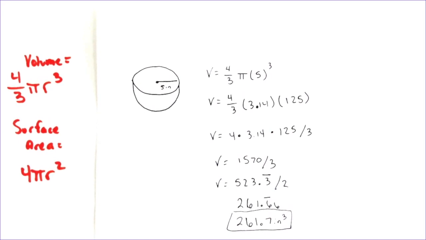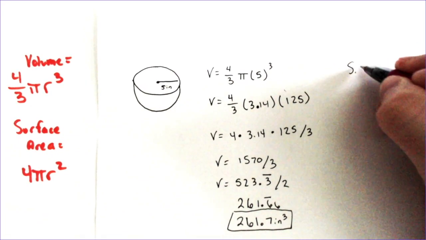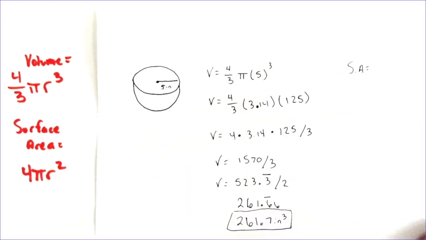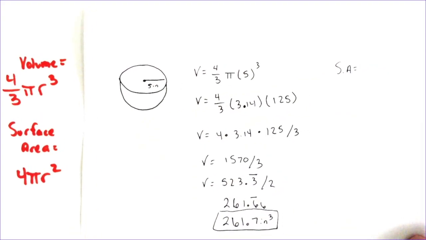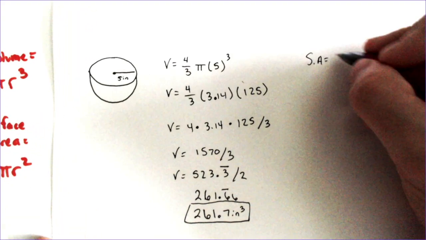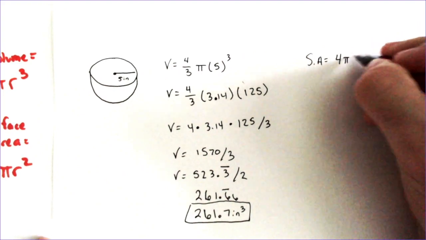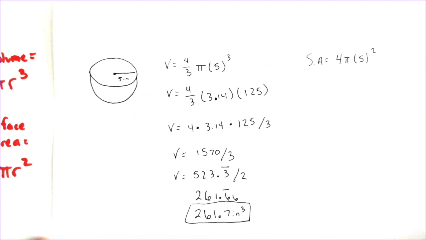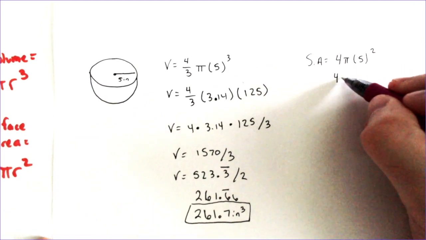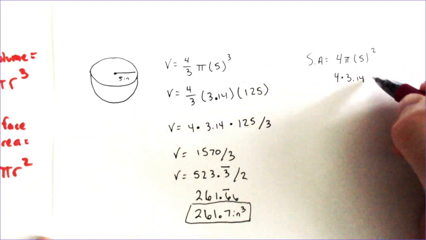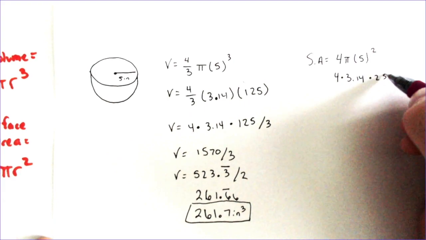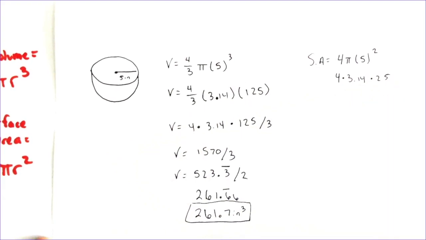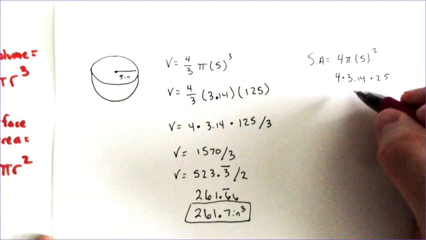So we're going to start as if we were finding the surface area of the entire shape, which would be just 4 pi, the radius is 5, squared. So that would be 4 times 3.14 times 25. 4 times 3.14 times 25 is 314.